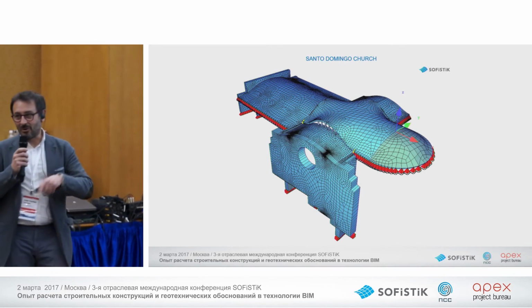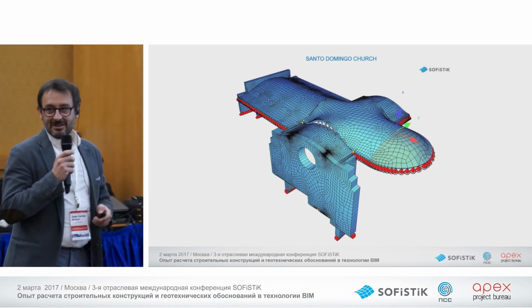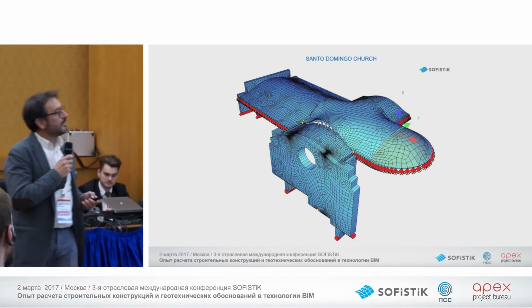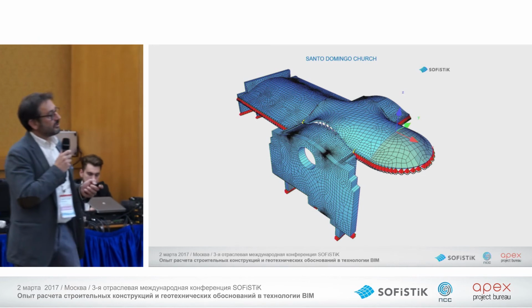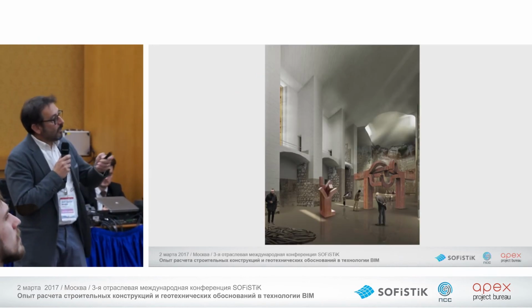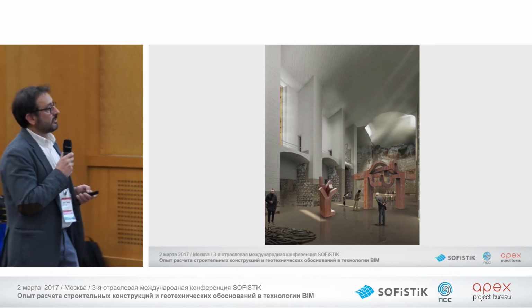And this year, yesterday, one of the Spanish team of architects has won the Pritzker Prize, RCR. This is in Santo Domingo. It's an existing church. You can see the existing walls in stones, and the new structure.